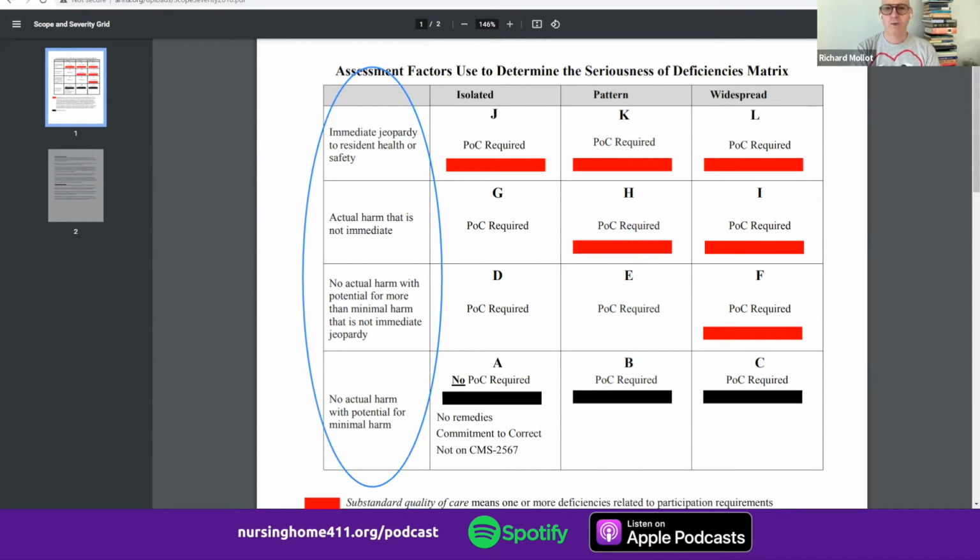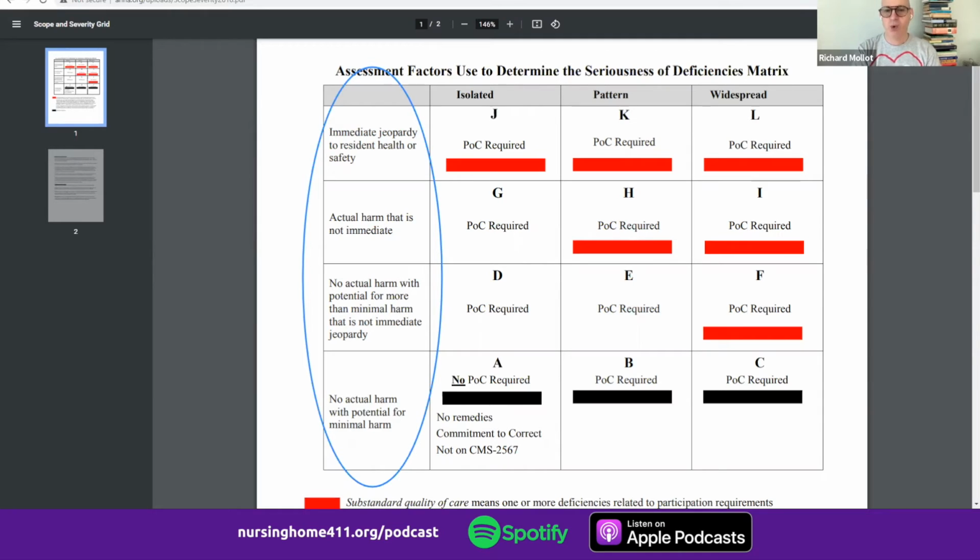But, to come back to this matrix, the surveyor is again identifying the extent to which residents and the facility were affected, and the extent to which the problem caused harm. And again, whether it was no harm or immediate jeopardy being the highest.